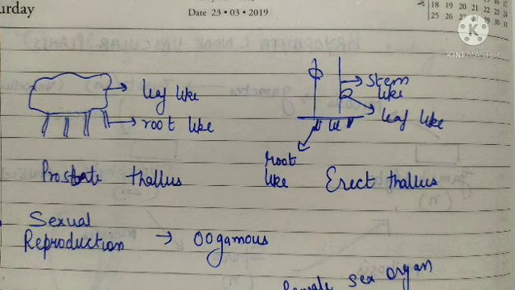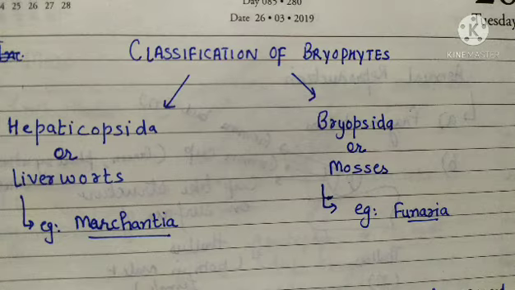So body is thallus means they have leaf-like, stem-like and root-like structures, but true leaf, stem, root are absent. So let us see the classification of bryophytes. In your syllabus, first one is liverwort, then mosses. So there are two classes of bryophytes, Hepaticopsida and Bryopsida.